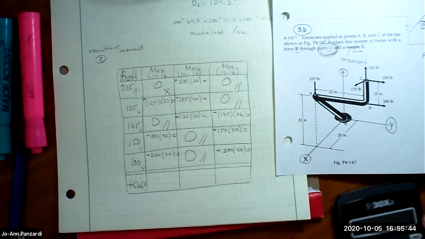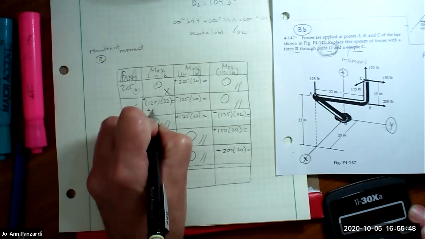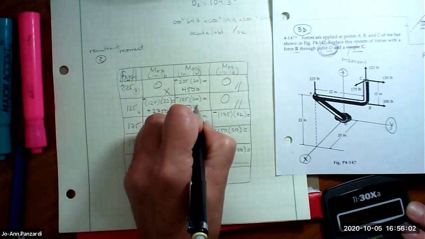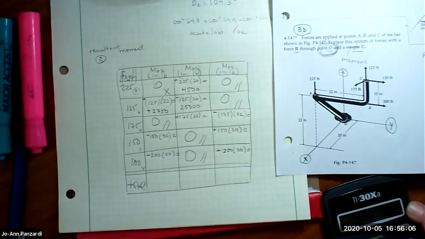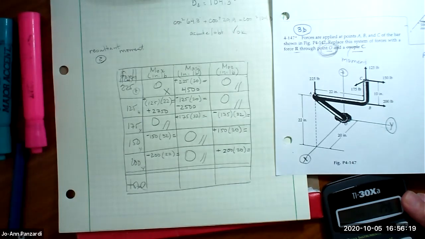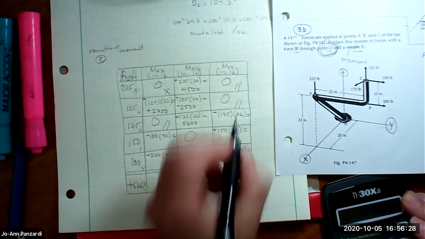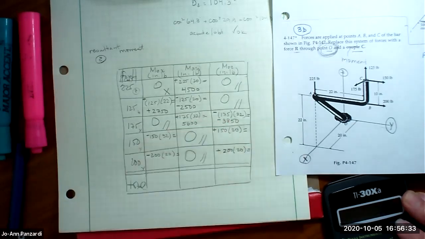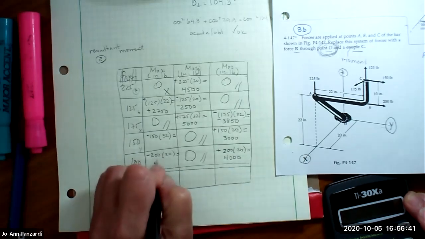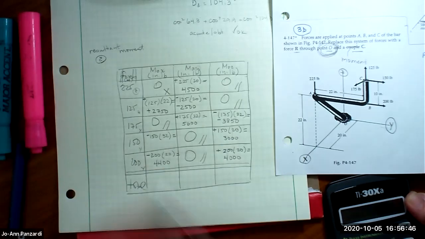So let's do all the calculations now. 125 times 22 is 2750. 225 times 20 is 4500. Let me try that again. 125 times 20, yeah, I had too many zeros. 175 times 32 is 5600. 175 times 22 equals 3850. 150 times 32 is 4800.